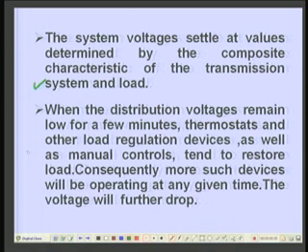Now, another interesting aspect is when the distribution voltages remain low for a few minutes. Suppose due to some reason the voltage is at a low level, then what happens is that we have many loads which are thermostat controlled.